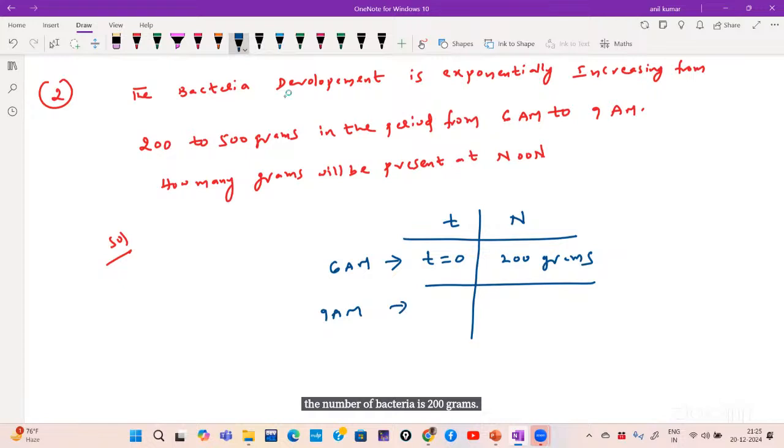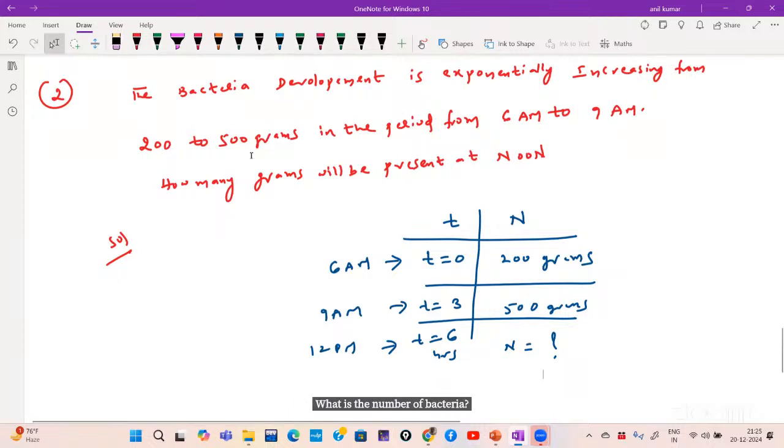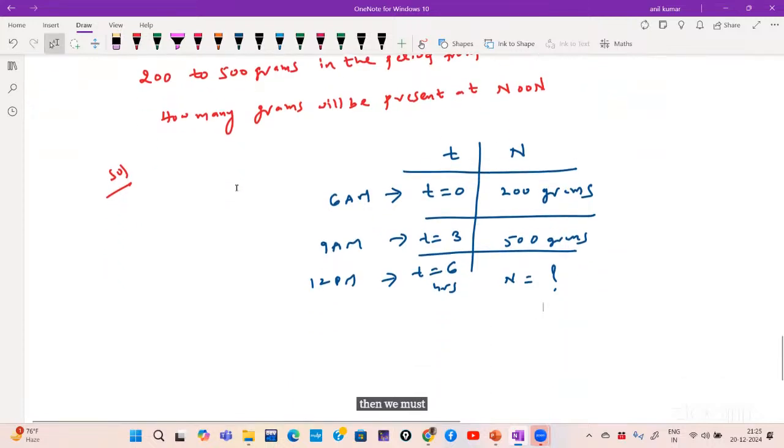What is the duration between 6 a.m. to 9 a.m.? 3 hours. It increases to 500 grams. 12 p.m. means noon. And after 6 hours, what is the number of bacteria? Then we must take the time 0, 3 hours, 6 hours. Because the duration between 6 to 9 a.m. is 3 hours, 6 to 12 p.m. is 6 hours.